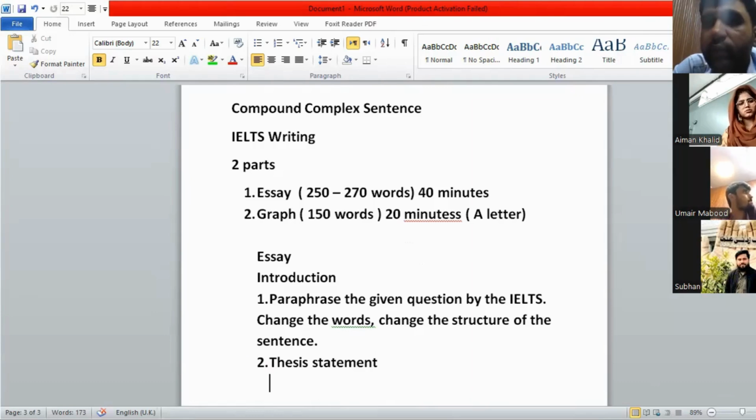In body 2, we write 2 solutions or 1 solution. Now, in thesis statement, you need to give the hint of those causes and solutions. In thesis statement, you are telling the examiner what I'm going to write in the entire essay. Thesis statement is your personal point of view that you are going to put in the essay.